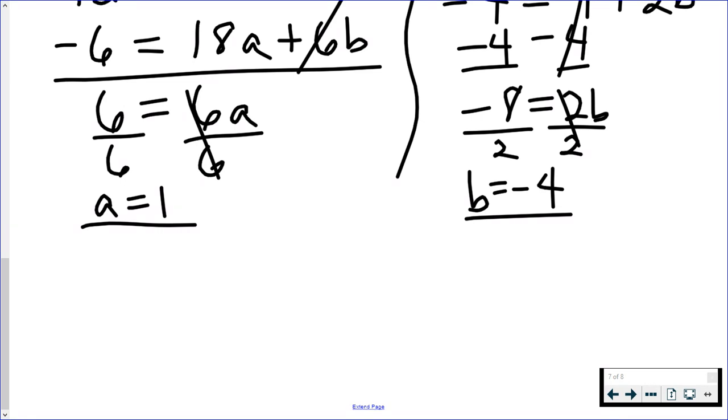Now, if you just circle a equals 1, b equals -4, and c equals 5, that's not the answer. Remember, we're trying to find the equation. So all you have to do for your last step is put them into standard form.